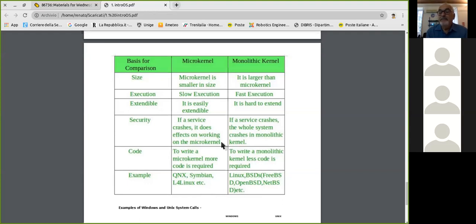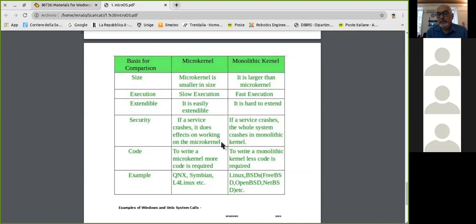The big difference is that a monolithic kernel is usually more efficient and fast, and that's the reason why Linux usually runs also on old, very slow machines with good efficiency, because it is efficient.